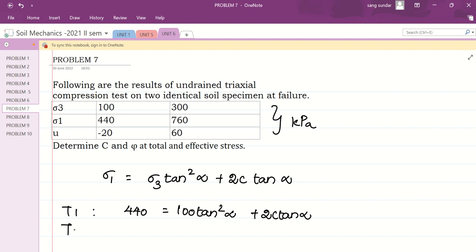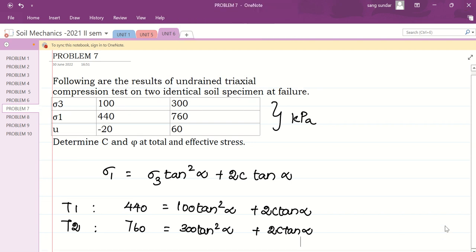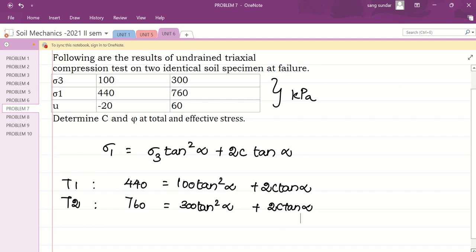And for the second test, you will get the equation as 760 kPa is equal to 300 tan square alpha plus 2c tan alpha, right? So you got two equations. You can resolve these equations in any way.